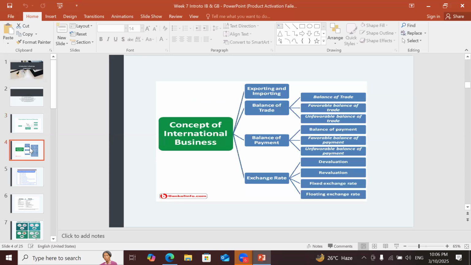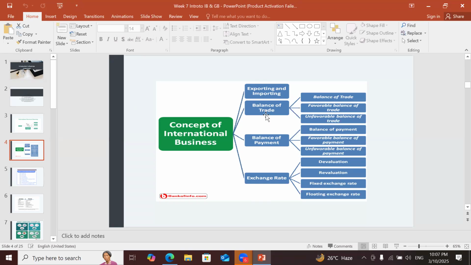Concept of international business. There are four basic concepts of international business. At first, exporting and importing, balance of trade, balance of payment, and exchange rate.